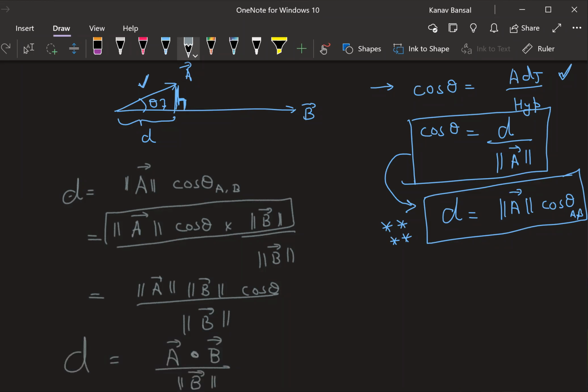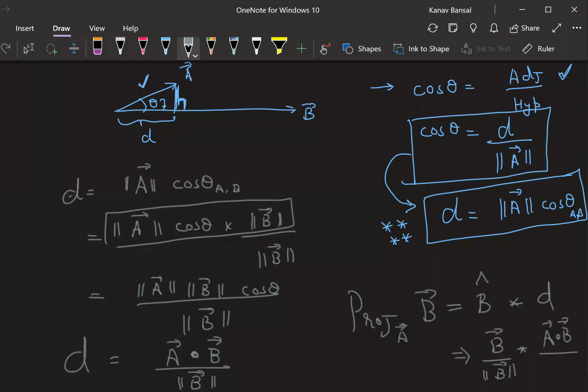And we already know that the projection of a vector on b vector is equal to b cap into d, where b cap is b vector divided by length of b vector, into a dot b divided by length of b. Is this clear to everyone?